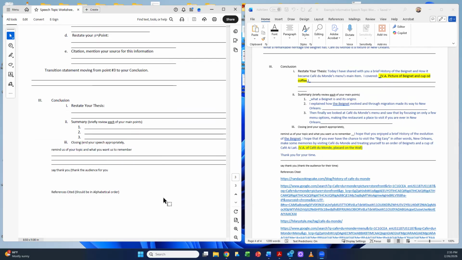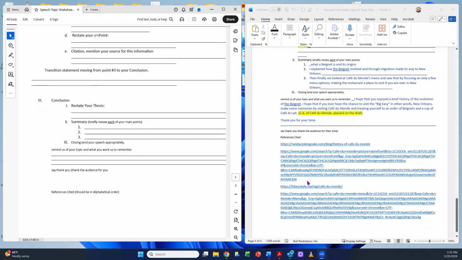Just like in the introduction, where you have the attention getter, you're going to do the same thing in the conclusion. You're going to have some type of a quote, some statistical data, some information there that's going to encourage your audience to make a decision or to take an action. That's where your call to action would be in your closing. Okay.